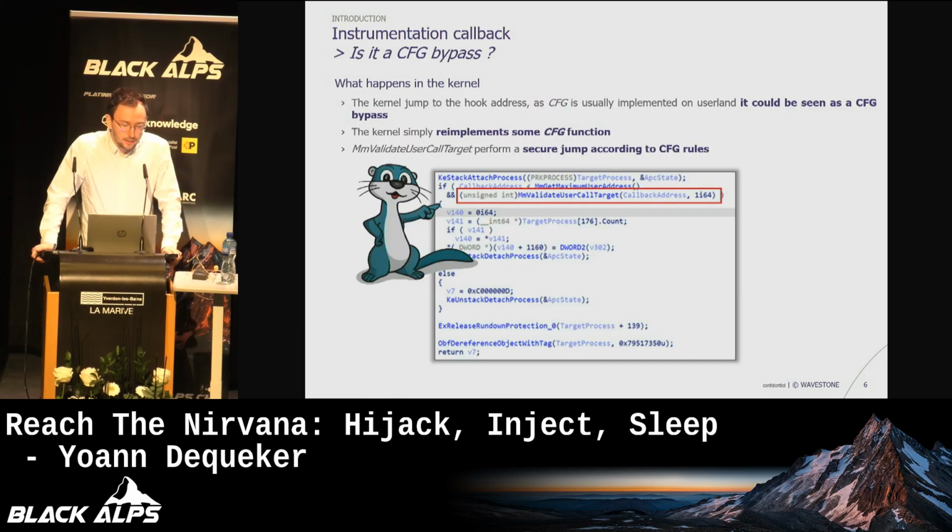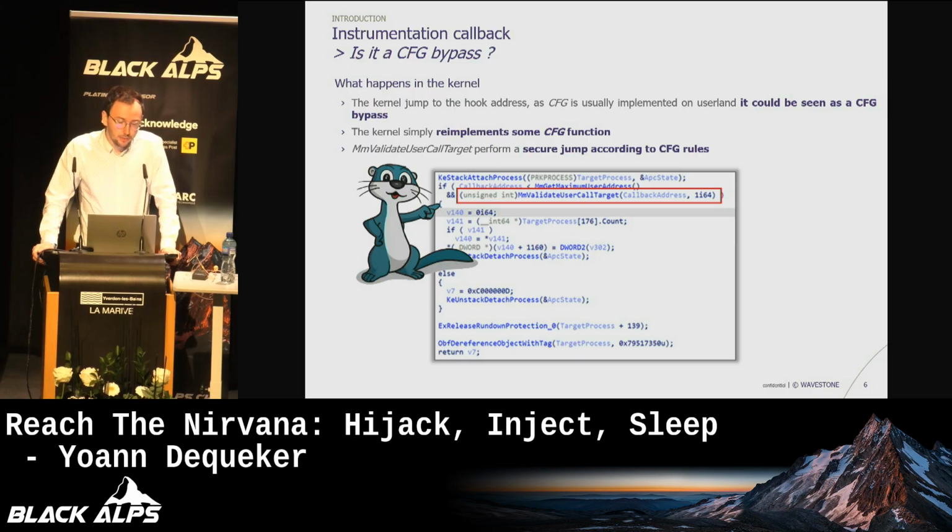As I said, the kernel will jump to an arbitrary address that has been registered in a process. Usually, there is a protection called Control Flow Guard that prevents jumps to untrusted addresses. These protections are usually implemented in userland, so as it's the kernel that will perform the jump, we can see it as a specific Control Flow Guard bypass.